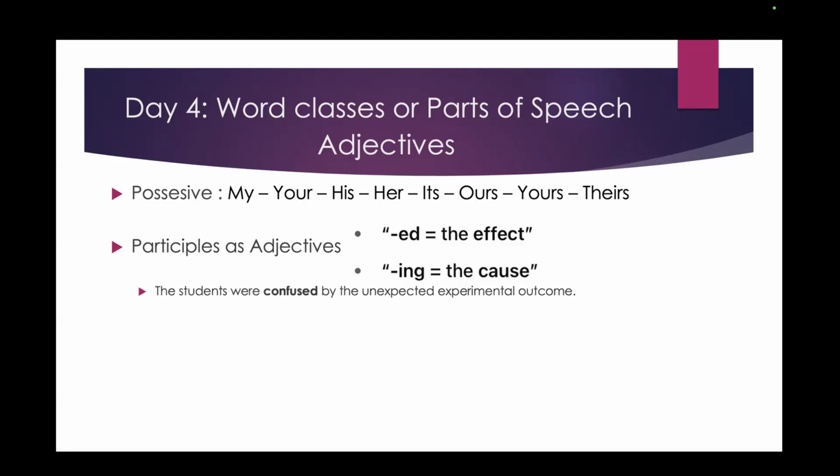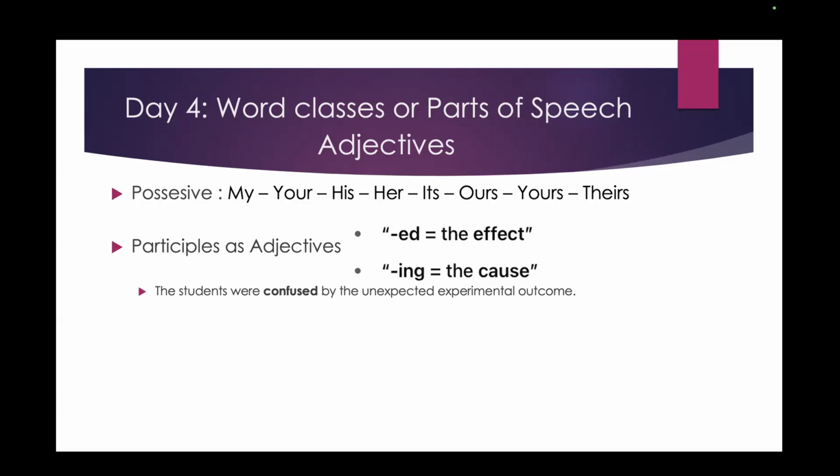So, some examples. The students were confused by the unexpected experiment outcome. So the adjective, sorry, is confused, and it is talking about the students, how the students felt with the experimental outcome. They were confused.